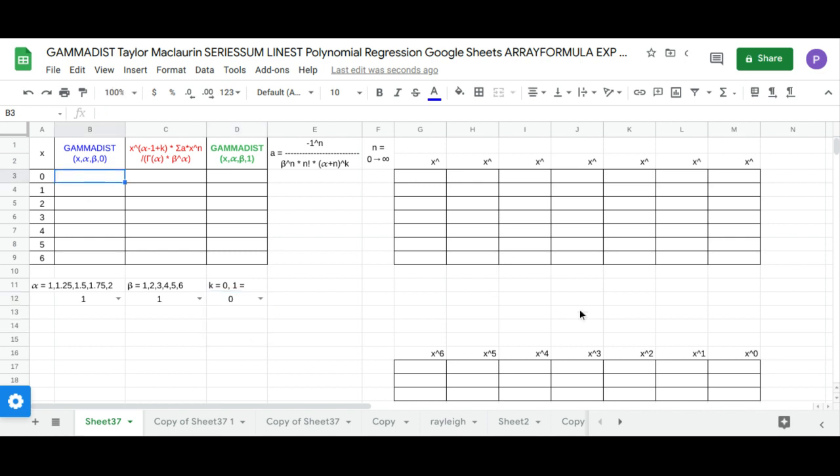Next, we continue with the data set, which is equal to array formula. GAMMADIST of the x values, comma, this will be our alpha, and this will be our beta, and 0 because it is probability density function.